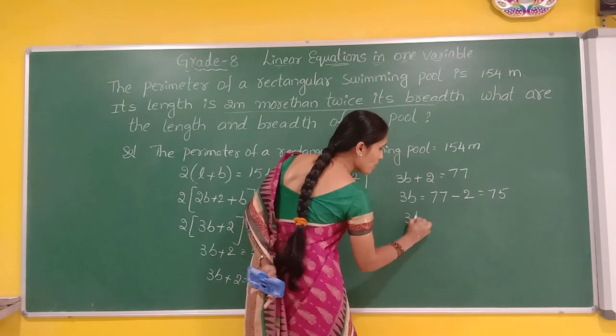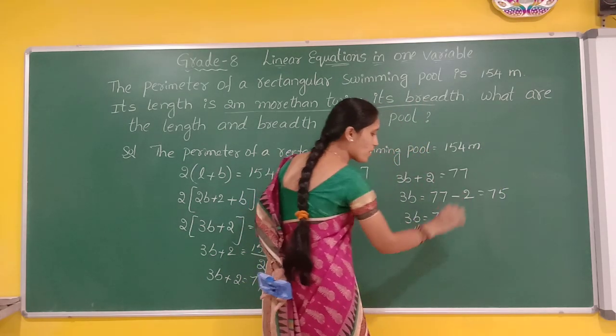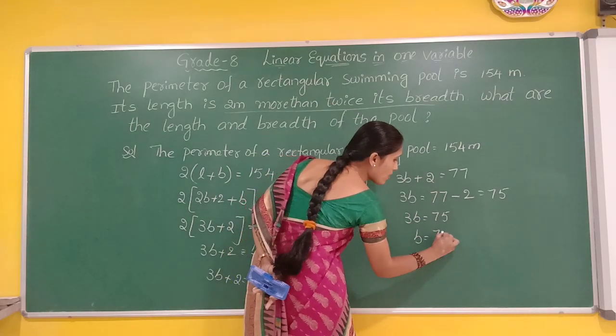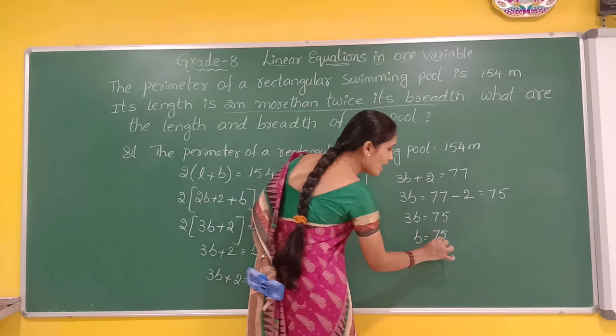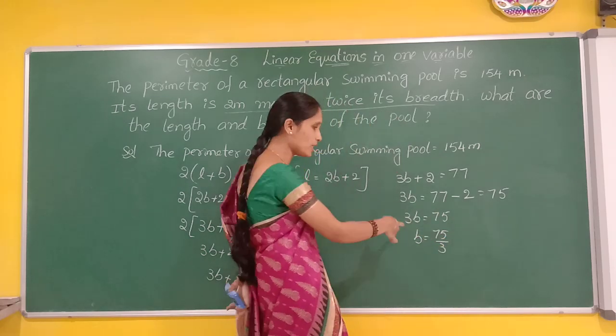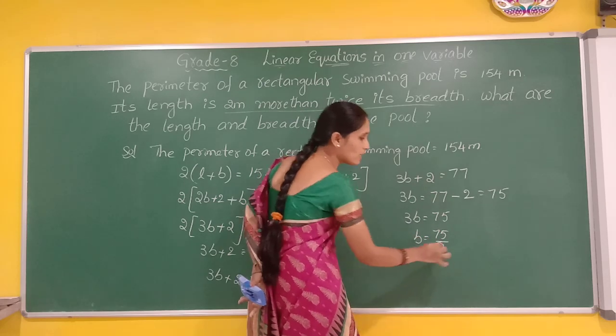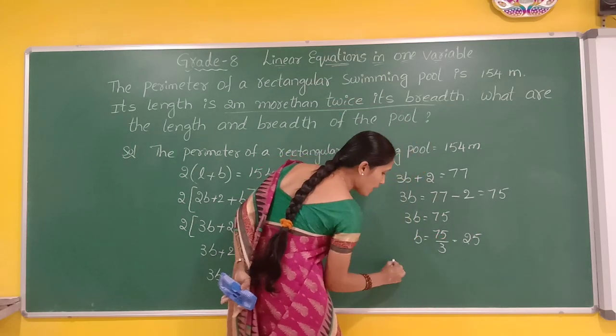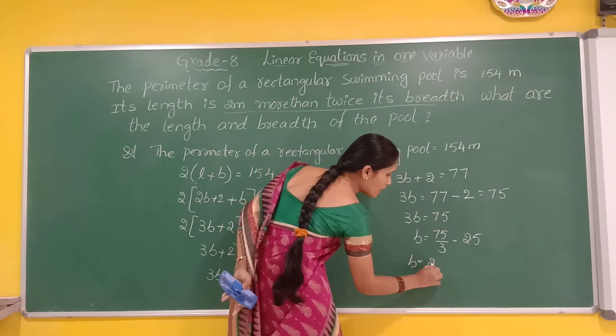Good. 3B is equal to 75. Then very good, B is equal to 75 divided by 3. The value is equal to 25. So the value of B is equal to 25.